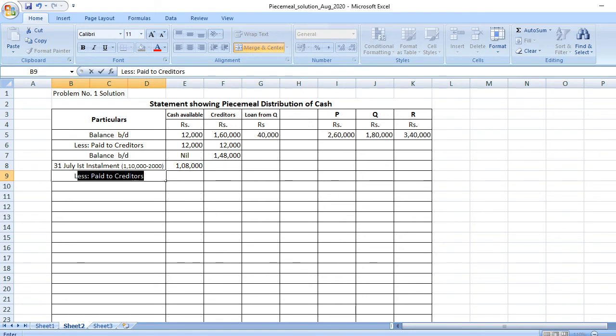So, less: paid to creditors. We have to pay 1,48,000, so the full 1,08,000 we pay to the creditors. The balance is nil.